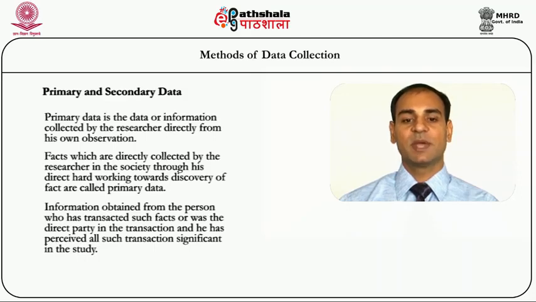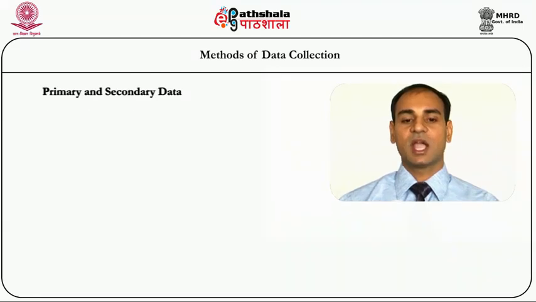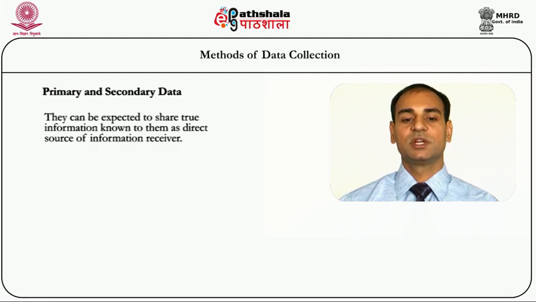that is the secondary method. In the primary method, data can be collected from such a person who is the eyewitness of any such event which is the subject matter of research, and he can be expected to share true information known to him which can be relevant for the research.